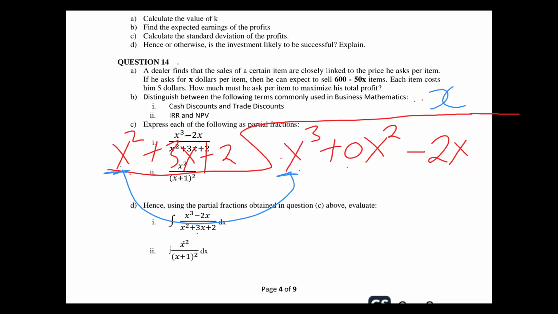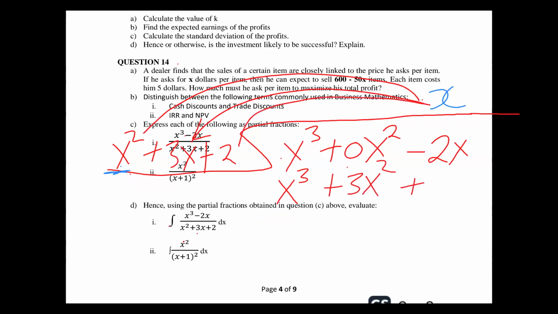Follow nicely now: x times x squared will be x cubed. x times 3x squared would be 3x squared... and x times 2 would be 2x, right? Yes, x times 2 is 2x.